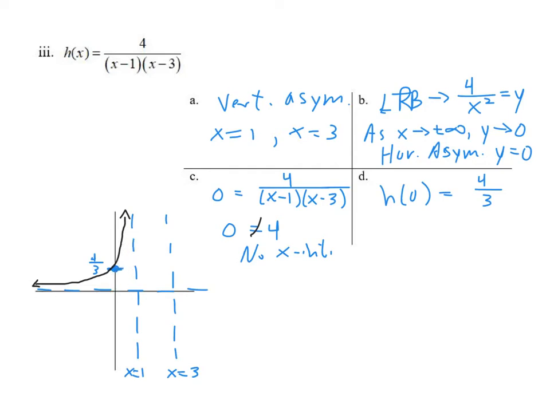But were you able to figure out what's going on in the middle? All right, in the middle, what I would do is just plug in +2 in your function. If we plug in +2 up here, we're going to have 4 over 1 times -1. So we'll end up with -4.